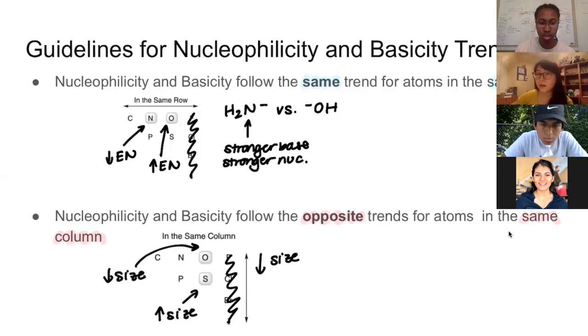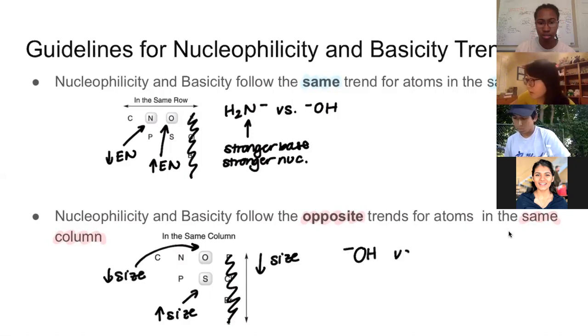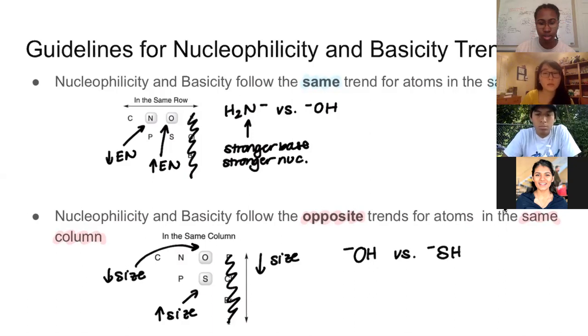And so if we want to look at, for example, OH minus again, and SH minus, we're going to see that S is larger than O, and so larger atoms are going to be more stable, aka weaker bases. So OH is actually going to be the stronger base.